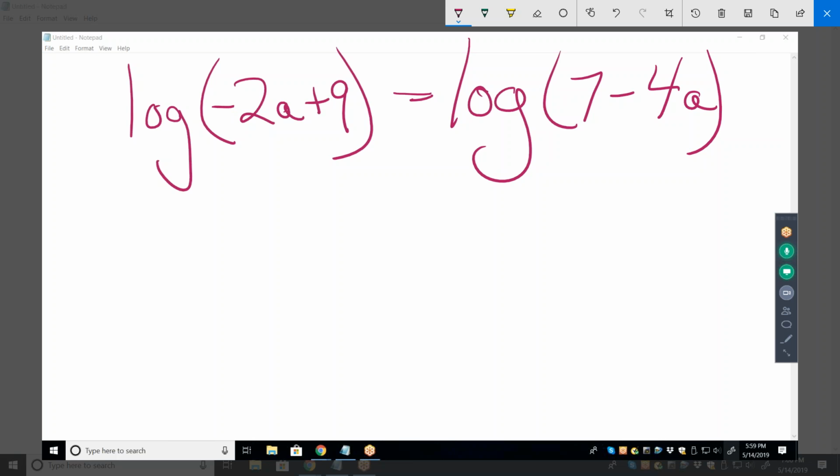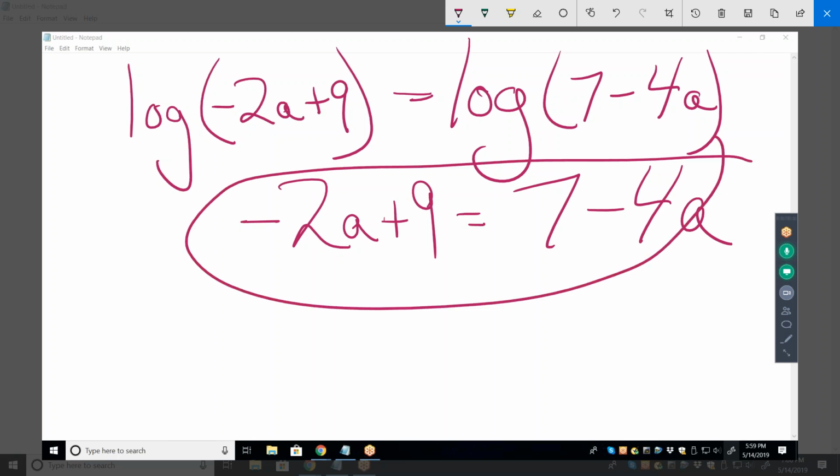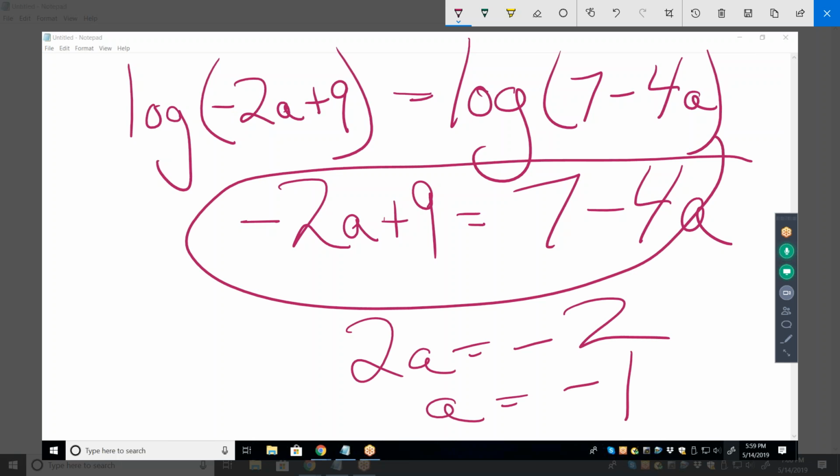What you're really doing is equating the arguments. So I can now say this. Now that's a simple algebraic equation you can solve easily. I think you get 2a equals minus 2, a equals minus 1.